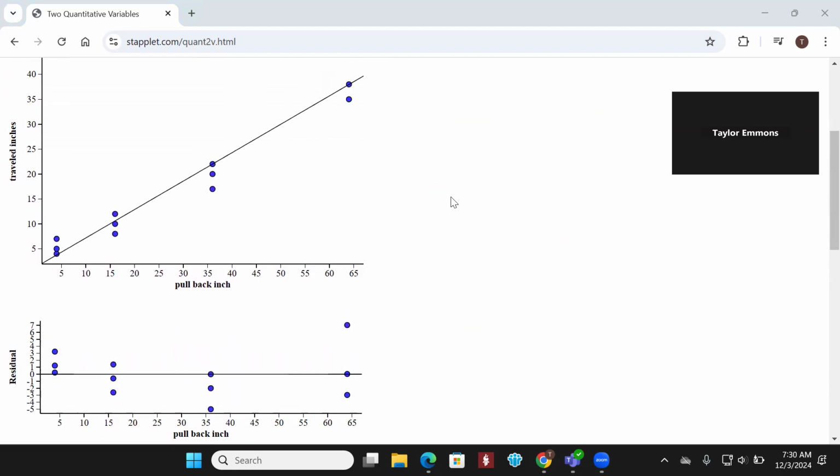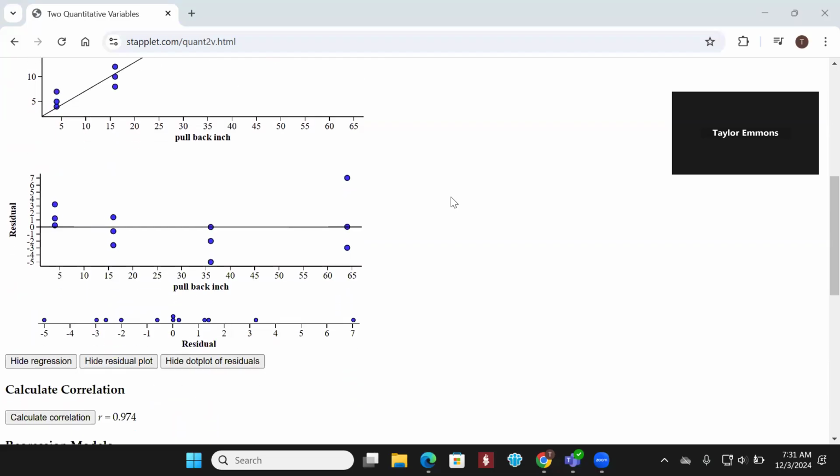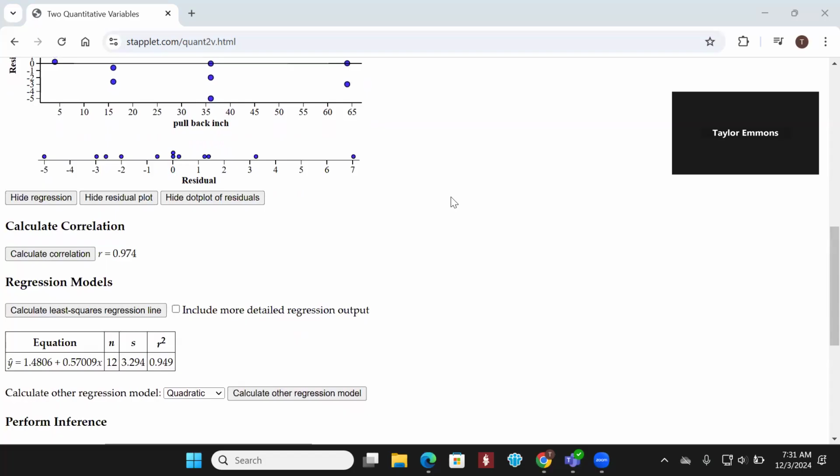So we're going to do that on the last one though. There's your equation, your r squared.